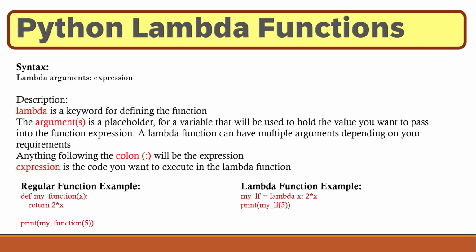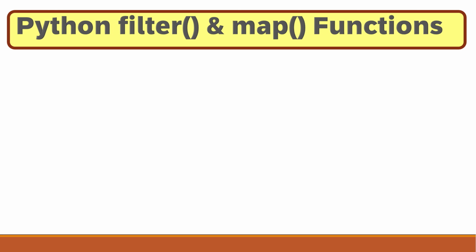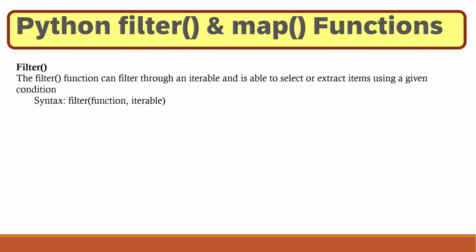Now looking at two functions in particular, which is the Python filter function and the map function, which are two functions built into Python. We can use both of these in conjunction with other functions, and in particular Lambda functions. So looking at the filter function, as the name of the function implies, the filter function does some filtering.